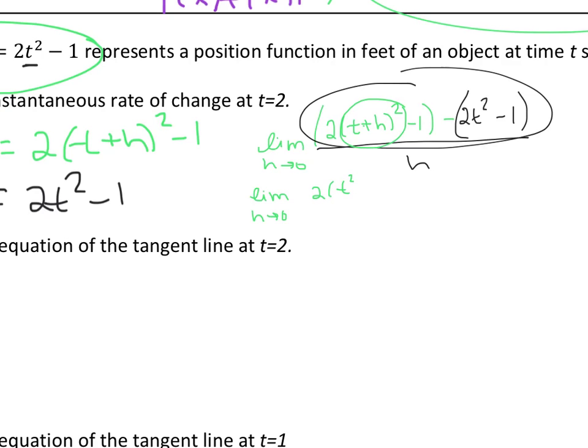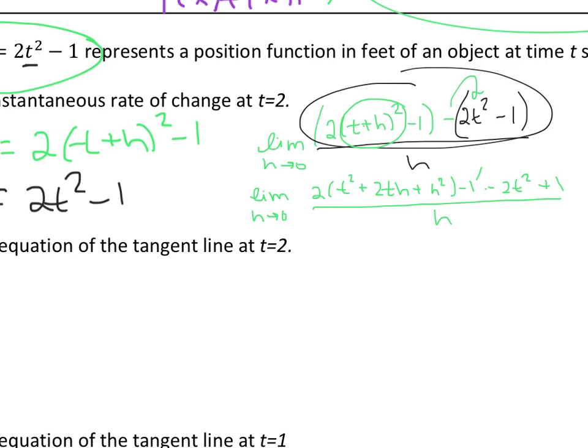So that's going to be t squared plus 2th plus h squared minus 1. And then when I distribute this negative, I'm going to get minus 2t squared plus 1 all over h.